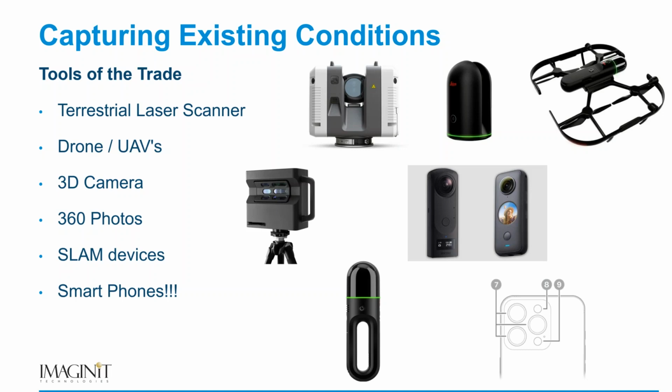So again, going back to old school, we've all seen these terrestrial laser scanners. At some point, you may not have even noticed that you saw one. You see it sitting on a tripod and scanning, whether outside or inside a building.